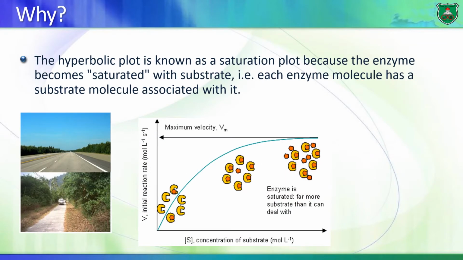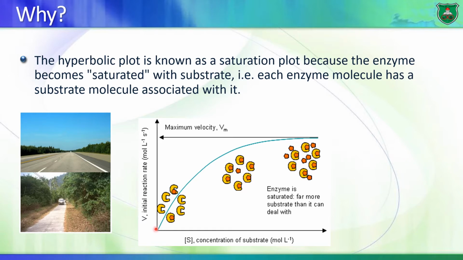So why is it the case? Why does it plateau? Well, because at very low substrate concentration, you have a lot of enzymes and minimal concentration of substrate. So the reaction goes really fast, because enzymatic reactions are fast overall.